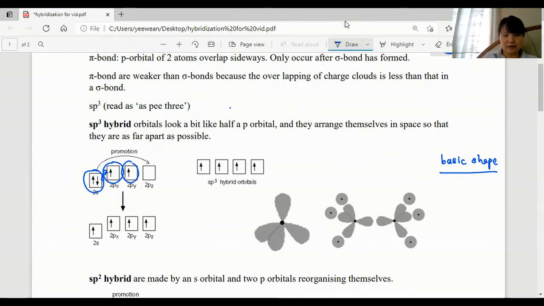When it's hybridized, the electron in the s orbital will be promoted to the p energy level. If we look at this new arrangement, all of them look the same. There's one electron in this 2s, one in the 2p, 2p, 2p.